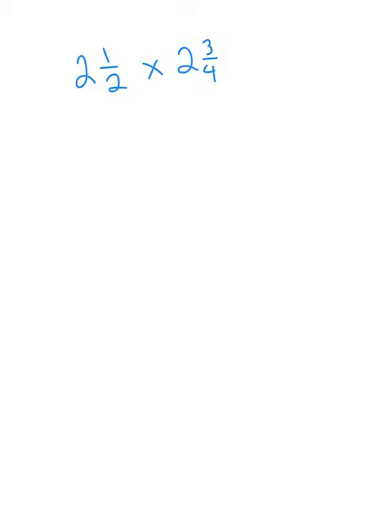So let's start with 2 1/2. I'm going to rewrite this down here. So I have 2 1/2. On the bottom I multiply, so I have 2 times 2, which is equal to 4.